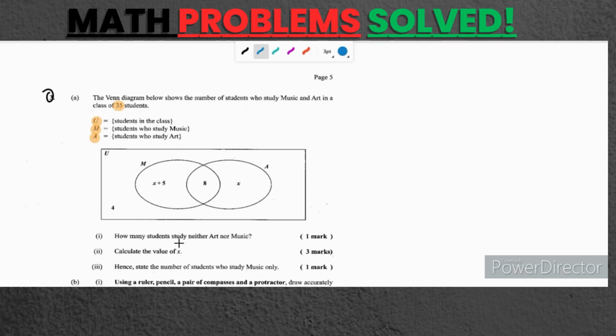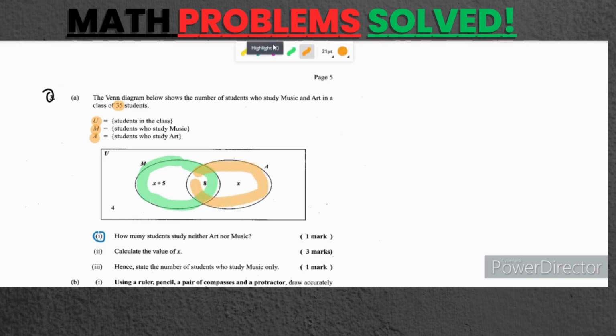So how many students study neither art nor music? We have to find how many students there are who study neither art nor music. So we have to understand the diagram here: the students within this circle study music, and the students within this circle study art, right?